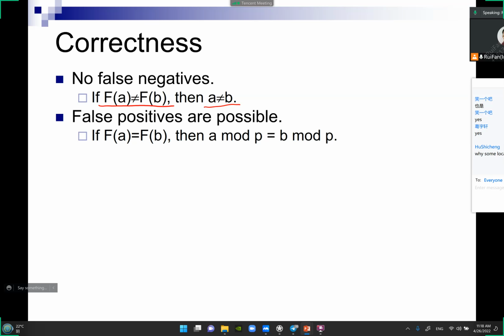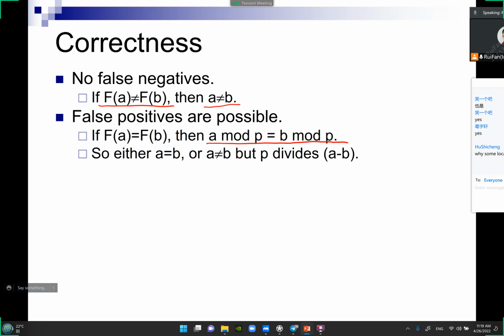However, there can be false positives. The algorithm is going to say that a and b are the same if f of a equals f of b, and that happens when a modulo p equals b modulo p. If a mod p equals b mod p, then either a actually equals b, which is a true positive, or a is not equal to b but p divides a minus b.